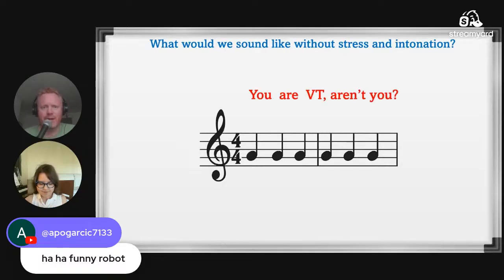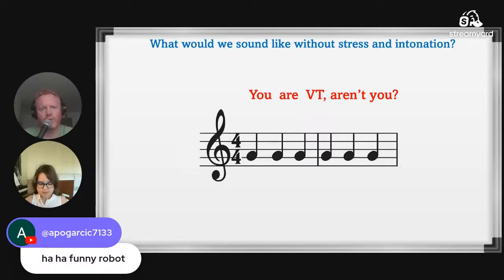Okay. So imagine this sentence. I will say it like a robot with no stress or intonation. You are VT, aren't you? Yeah. Is that how we would say it? No, we wouldn't. Okay, so I'm going to give you two options: rising intonation and falling.